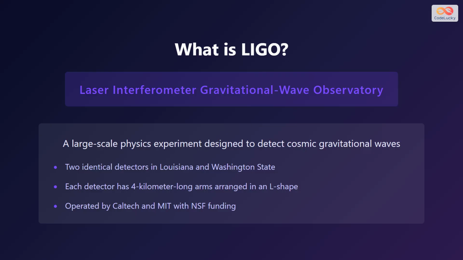LIGO stands for Laser Interferometer Gravitational-Wave Observatory. It is a large-scale physics experiment specifically designed to detect cosmic gravitational waves. LIGO consists of two identical detectors located thousands of kilometers apart, one in Livingston, Louisiana, and the other in Hanford, Washington state. Each detector features enormous arms arranged in an L shape, with each arm stretching 4 kilometers in length.